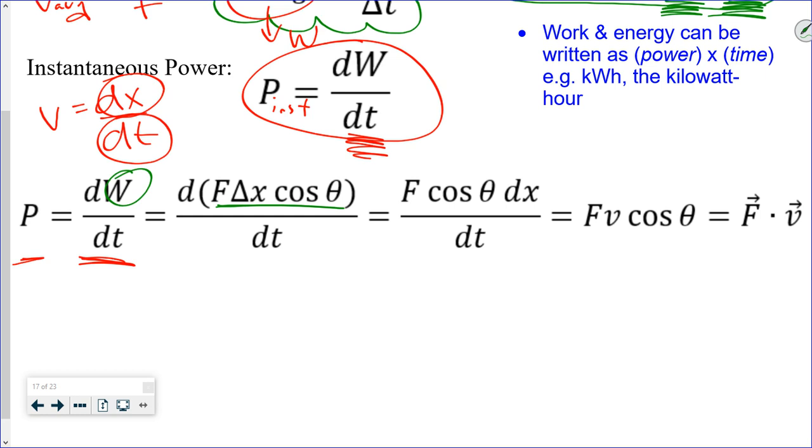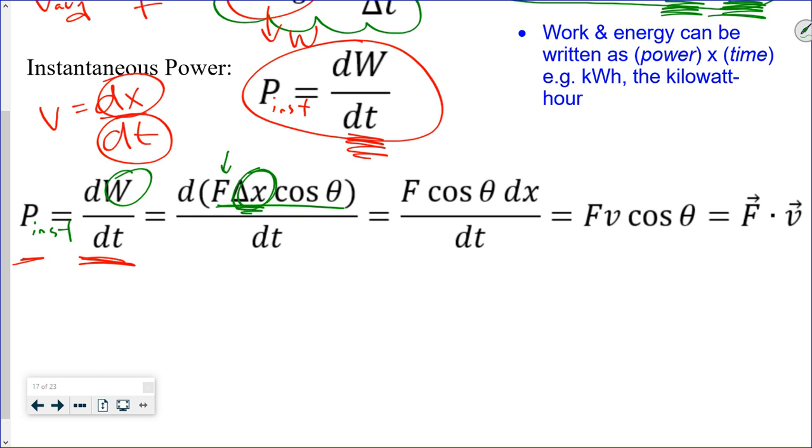Well, if we're looking for instantaneous power, you're going to have some instantaneous force, and then look, this is delta x, that's the thing that's sort of changing.